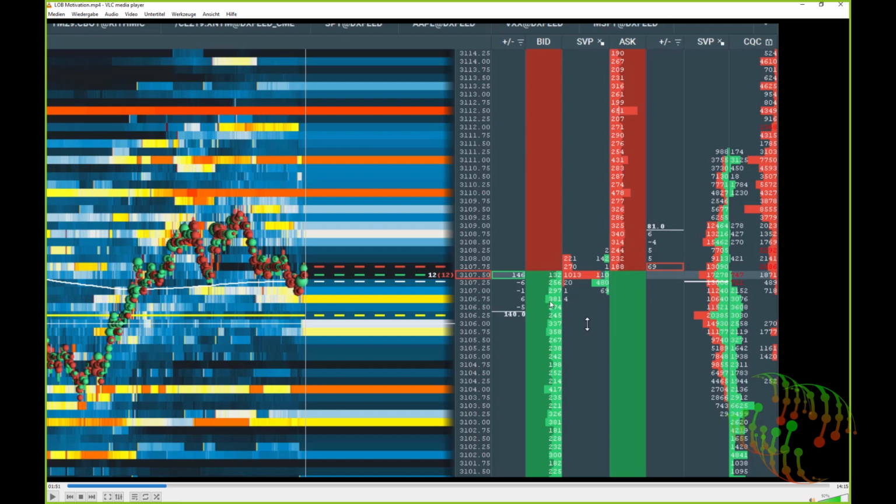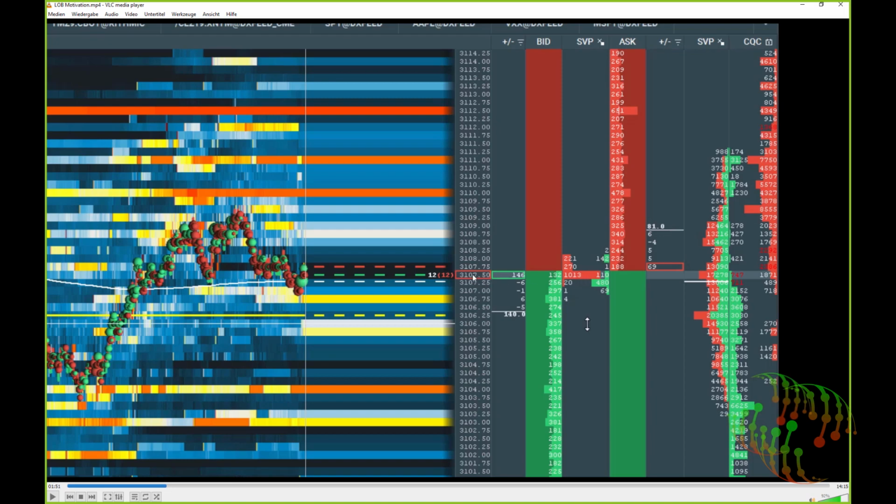And what you see here is 132 contracts are waiting to be bought, or there are 132 buyers sitting on 750 here. Okay? And you see what is happening.